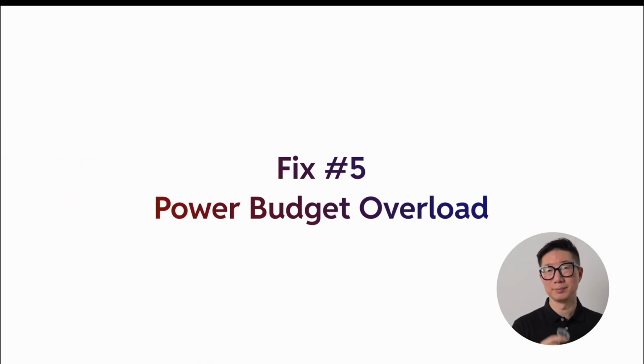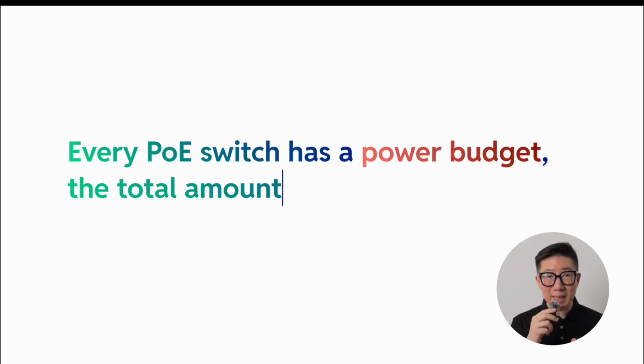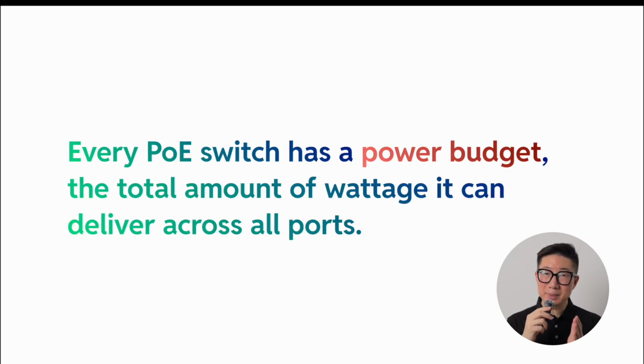And lastly, your PoE switch might simply be out of gas. Every PoE switch has a power budget, the total amount of power it can deliver across all ports. Example, a switch rated for 130 watts total can't run 8 PoE Plus cameras pulling 30 watts each. That's 240 watts, way over budget.